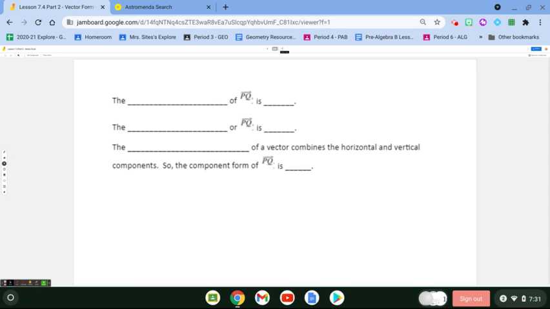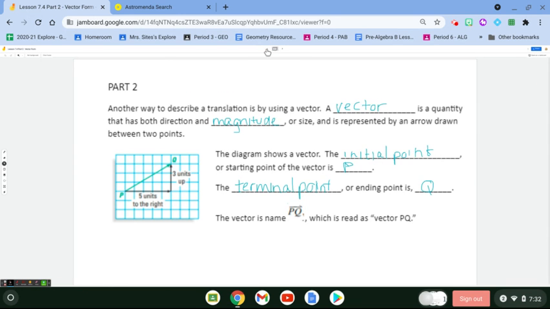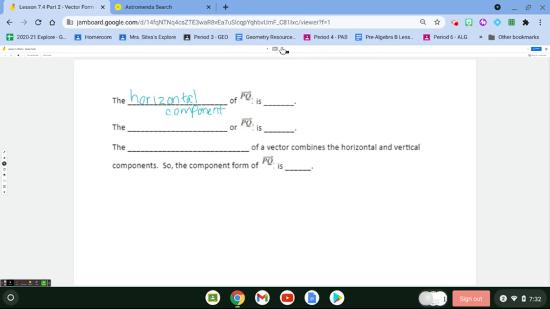Other ways that we can describe this: the horizontal component of vector PQ. If we look back at this diagram, horizontal means going from left to right. If we're looking at how many units left or right it has gone, it has gone 5 units. So the horizontal component would be 5 units, and we would just write 5 in the space.